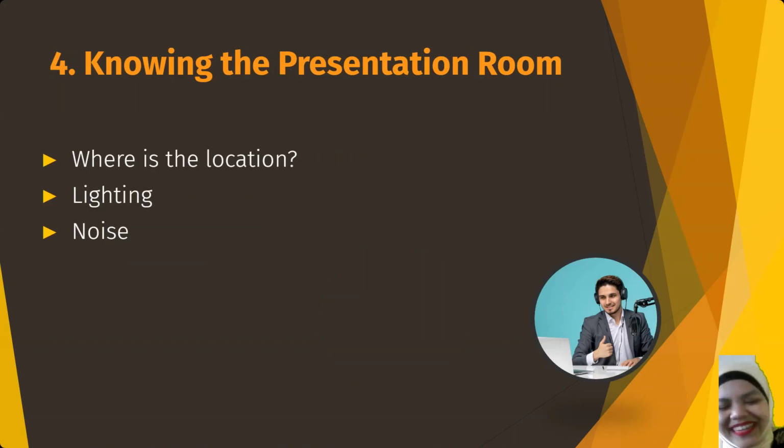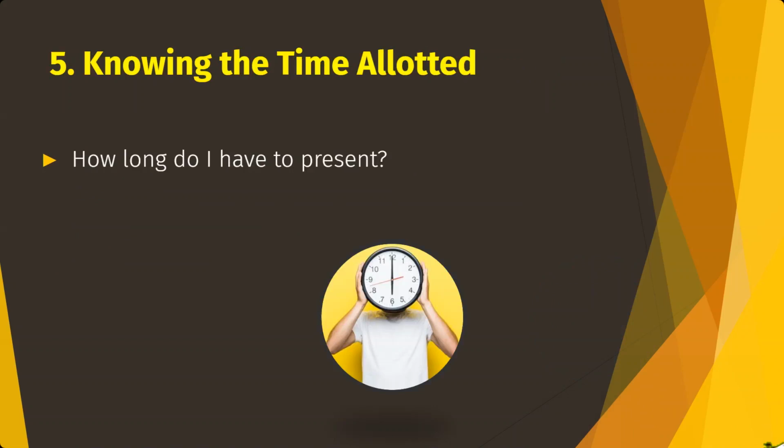Okay, right? So yeah. Next, knowing the time allotted. Oh, this is very important. If let's say you are given 50 minutes for each presentation, you have to make sure that you finish your presentation in that 50 minutes. If you finish earlier than what is allotted to you, then it's fine.